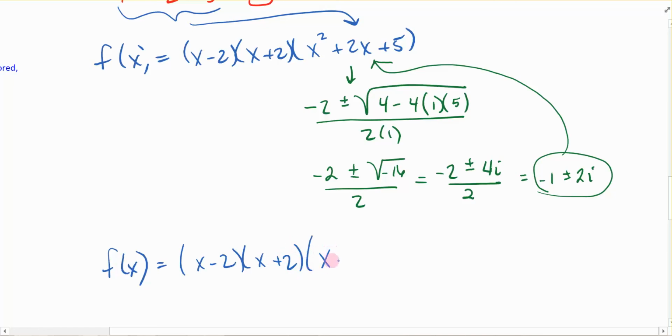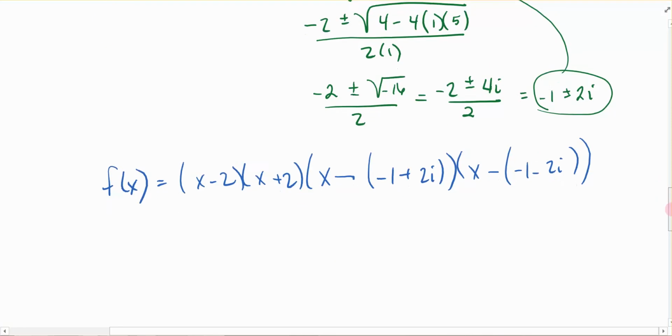Remember that it's x minus this number right here. So it's x minus negative 1 plus 2i, and x minus negative 1 minus 2i.